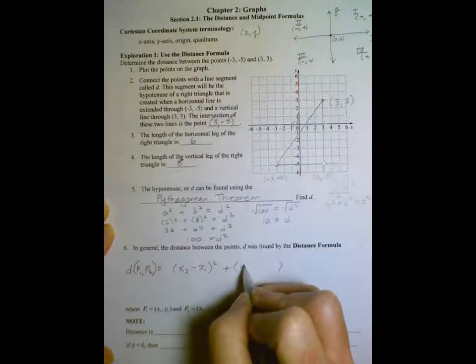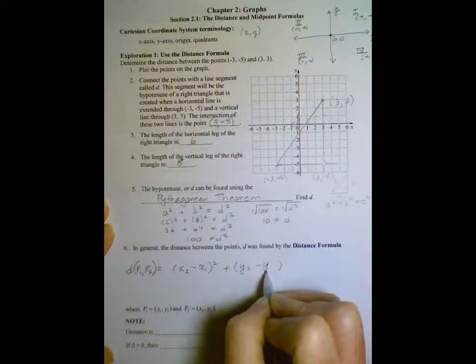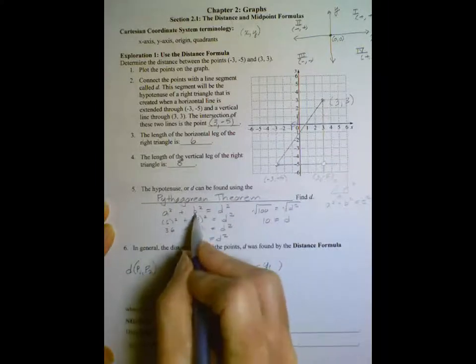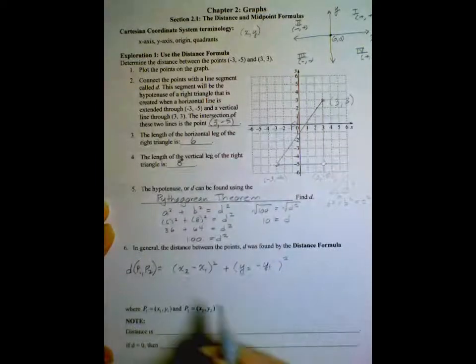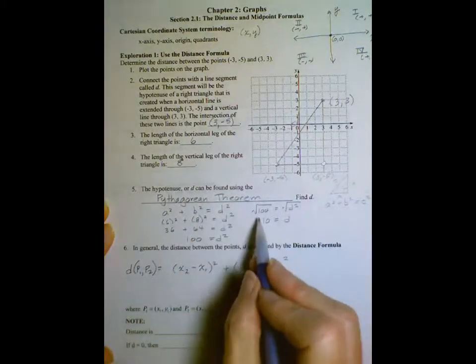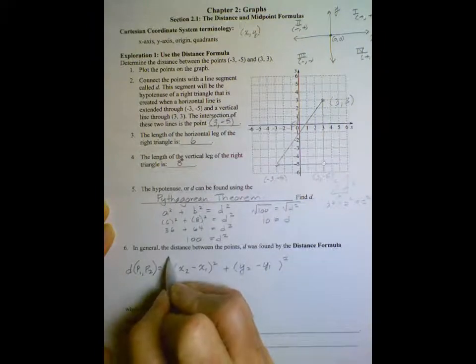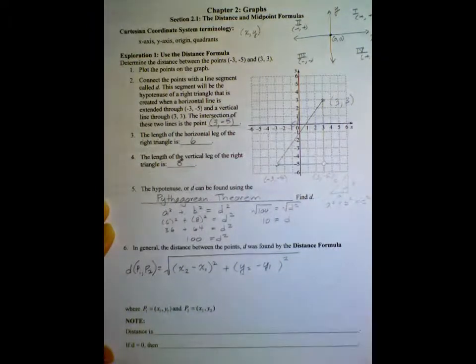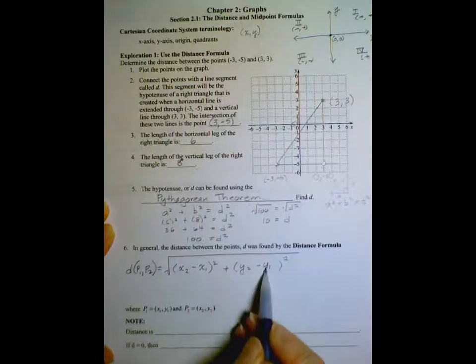So I take my y2 minus my y1, and then it says b squared, but I want the distance. What did we do last? We took the square root of all of that. So this is just a squared plus b squared.